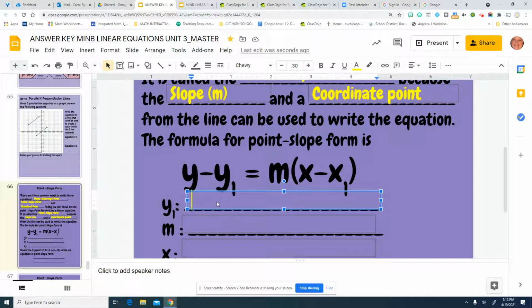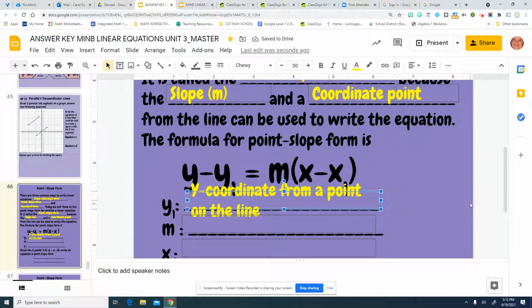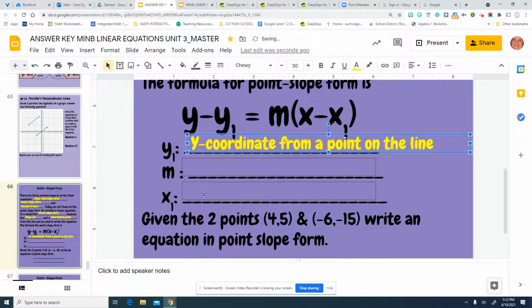So y1 is the y-coordinate from a point on the line. And m we should know is the slope of the line.